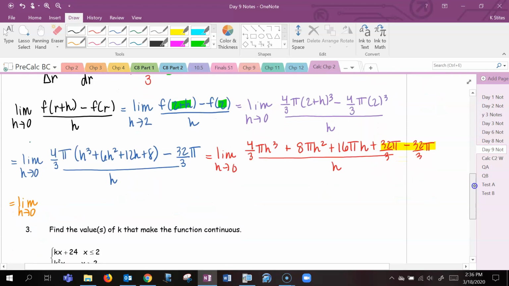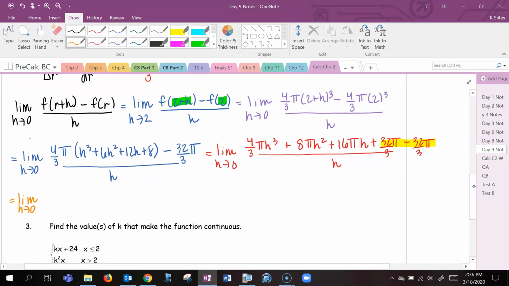I'm running out of room. So now I don't really want to rewrite all of that, so I'm just going to pull out the h now. And that gives me 4/3 pi h squared plus 8 pi h plus 16 pi all over h.